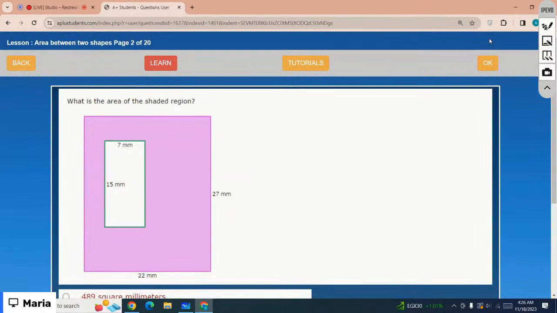Okay, what is the area of the shaded region? Both these shapes are rectangles, so you have to calculate their areas by doing length times width. So which is the correct option?